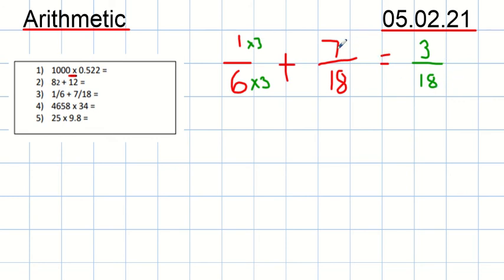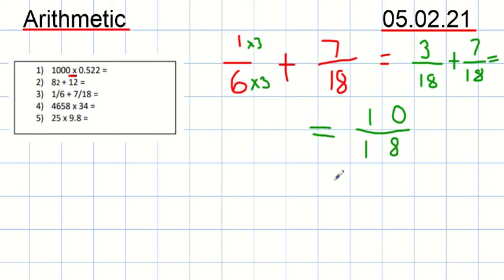If I look at this second fraction, it already has a denominator of 18, so I don't need to convert it. Now both my fractions have the same denominator, I can add them together. Because I've run out of space, I'm just going to do it down here, Year 6. So 3 add 7 is 10.